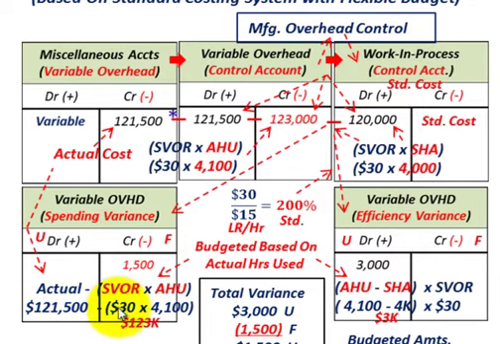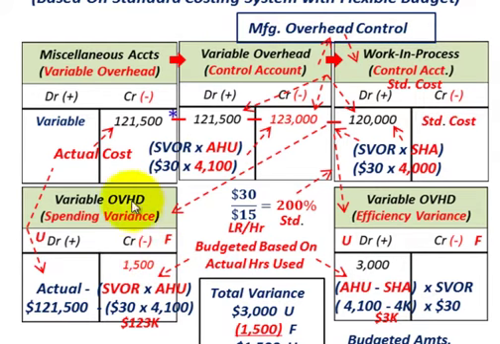Our actual amount is less than what our budget would be based on our actual hours, so we're under budget, and the difference is $1,500.